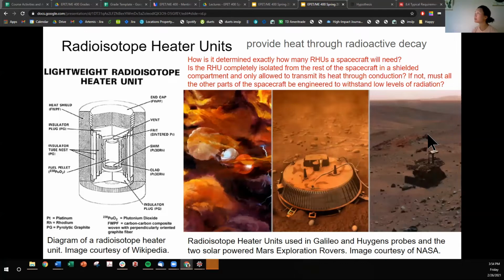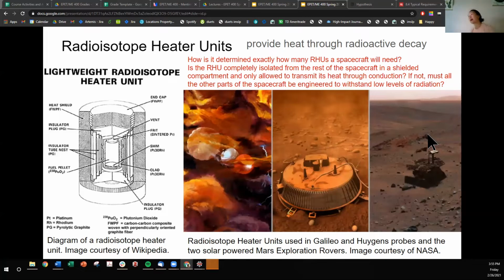So all of the other passive solutions that we talked about are about heat transfer and heat sink. This would be a heat source. It's like the last part of the solution to get a full suite of solutions: generation, transfer, and emission.